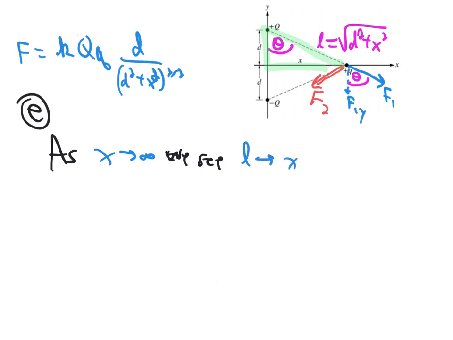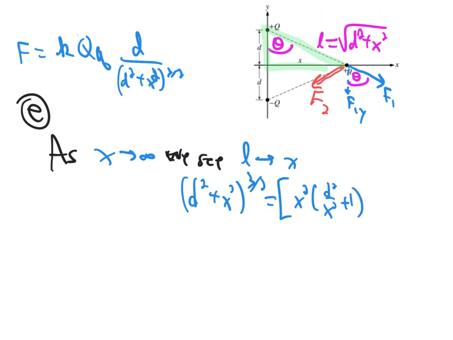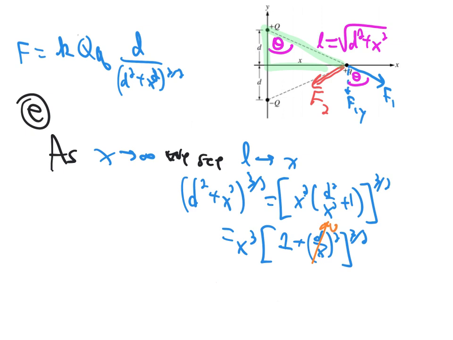L becomes like x. In other words, d squared plus x squared to the 3/2. Well, I'm going to factor out x squared from that, and I have d squared over x squared plus 1 to the 3/2. x squared to the 3/2 is x cubed, and now I have 1 plus d over x squared to the 3/2, but this is going to head towards 0.